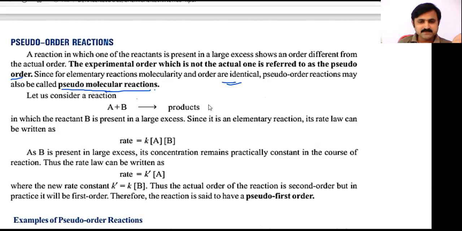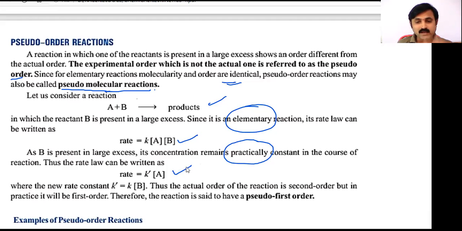Here we have A plus B as the general equation, and rate given as K into concentration of A, concentration of B. But when it comes to the rate law expression experimentally, practically, then the rate becomes concentration of A into rate constant. In the elementary reaction, we got molecularity 2, but order is 1 here.